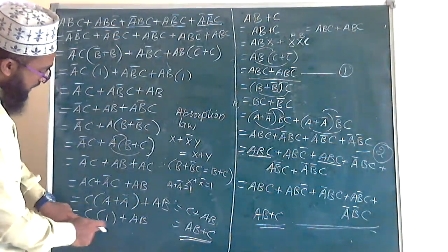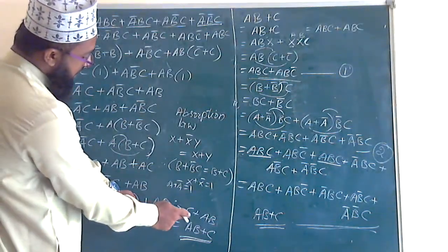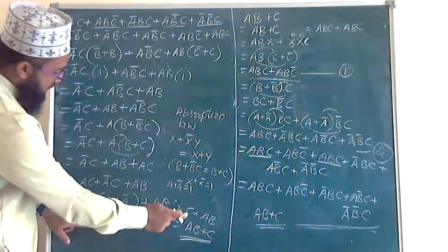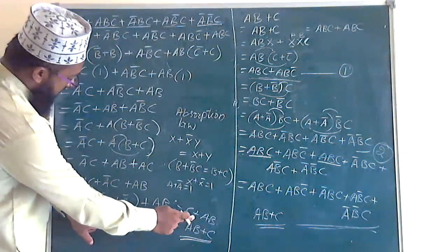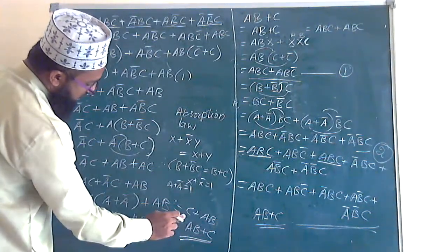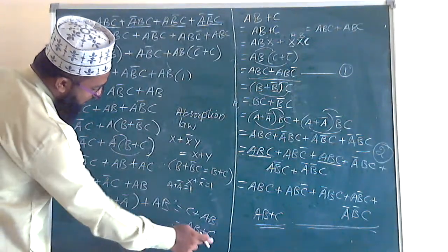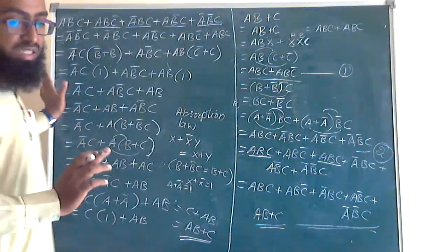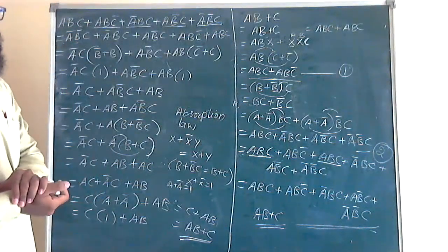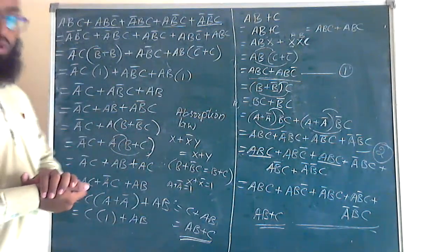Then C into 1 plus AB, so C plus AB. Just change the order of the terms, then it will become AB plus C. Like this, we have got the result of this expansion. By all means, this is true.